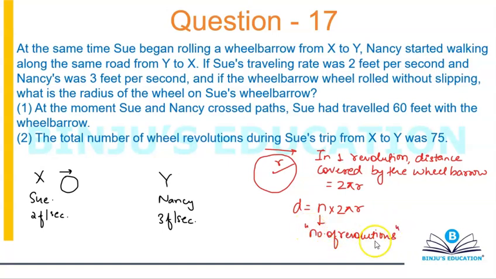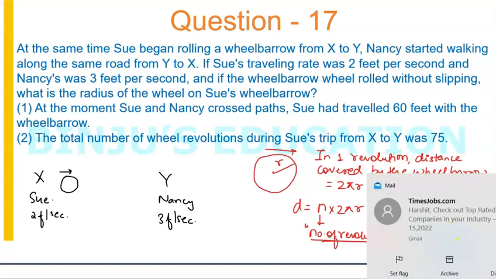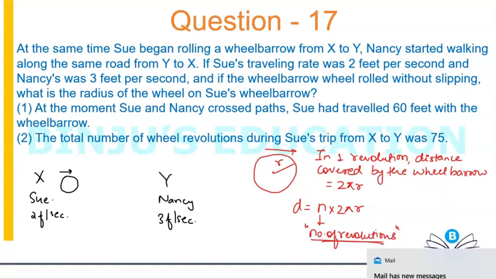So it's the number of revolutions multiplied by the distance covered in one revolution. We need to figure out this value r. Let's see how we can do that.